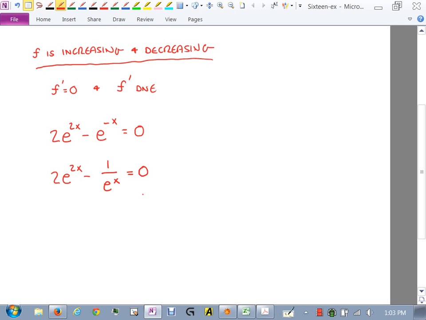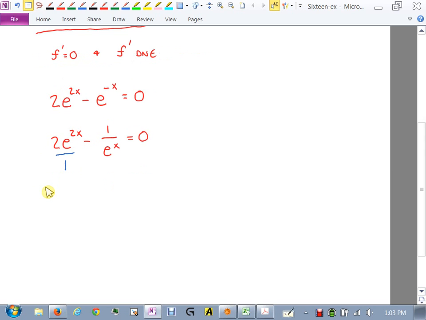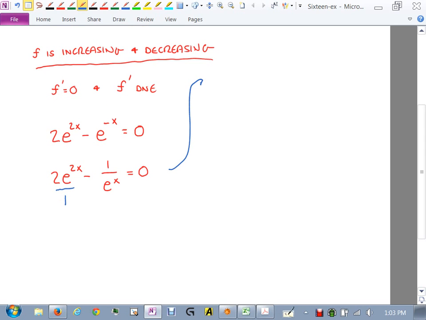E to the negative x is 1 over e to the x. And what I'm going to do is get a common denominator, put the 2 together on the left. So imagine now that we have a 1 down here. So I need to multiply the top and bottom of this fraction by e to the x. So we get 2e to the what? 3x, right?